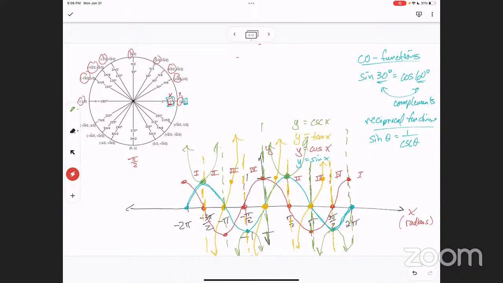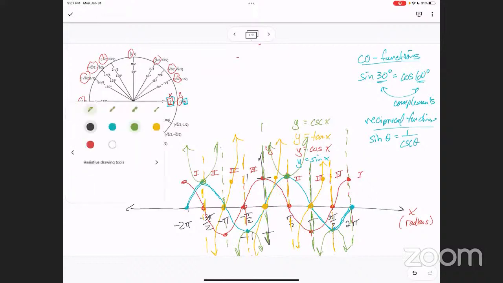And the graph is going to go, instead of going like this here, it's going to go like this. The first and third quadrants are going to be positive, second and fourth are going to be negative, but the asymptotes are at different places now. It'll go like this for the cotangent.